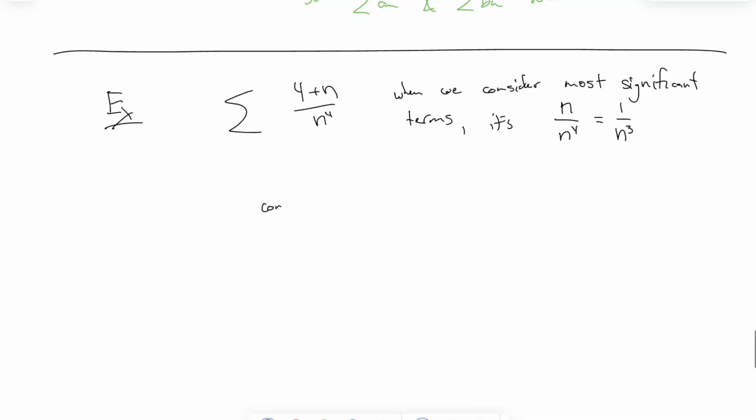So we're going to compare with this other series, 1 over n cubed. All right. Now, if you were using the ordinary comparison, you would have to make some inequality here. But for the limit comparison, it's easier than that. So I'm going to do the limit comparison. Remember what it said?